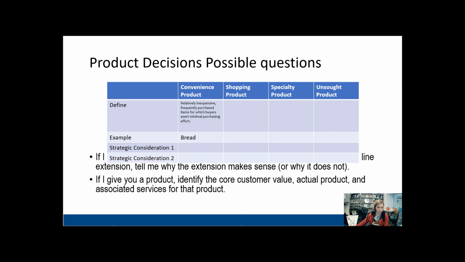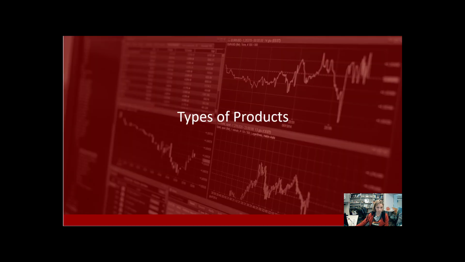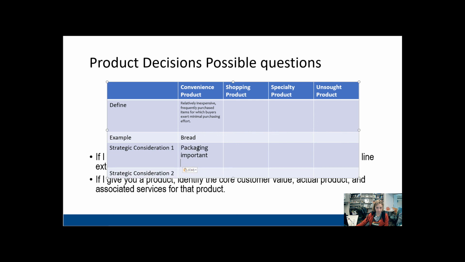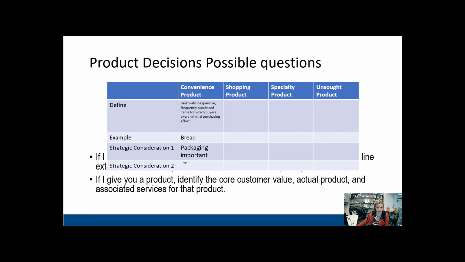Strategic consideration, grab one from here and put it here. Grab another one from here and put it here. That's what I'm looking for you to do with each of these.